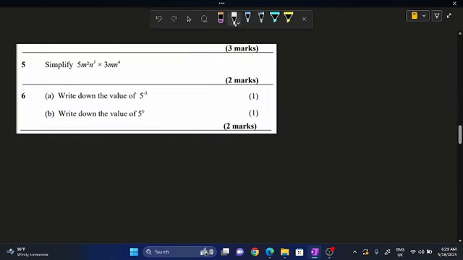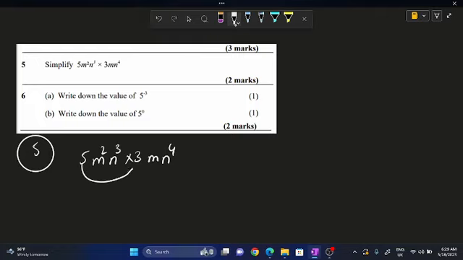Question number 5. 5 m square n cube times 3 m n raised to the power 4. 5 will be multiplied by 3. That gives me 15. m square multiplied by m and n cube multiplied by n raised to the power 4.